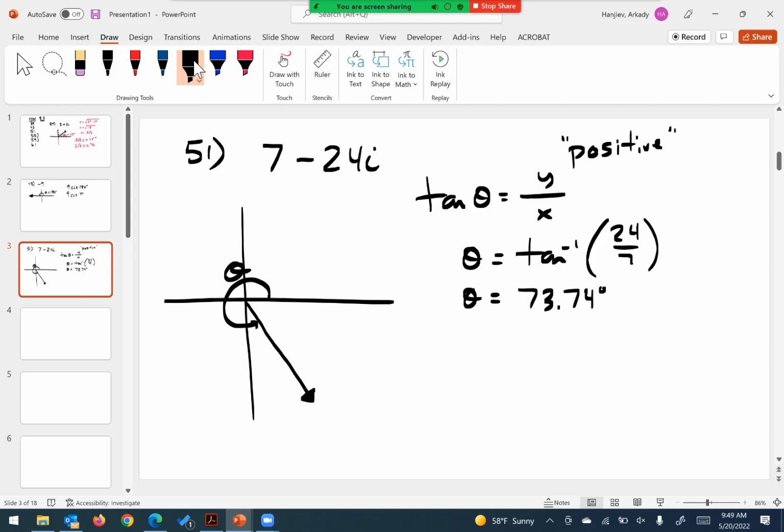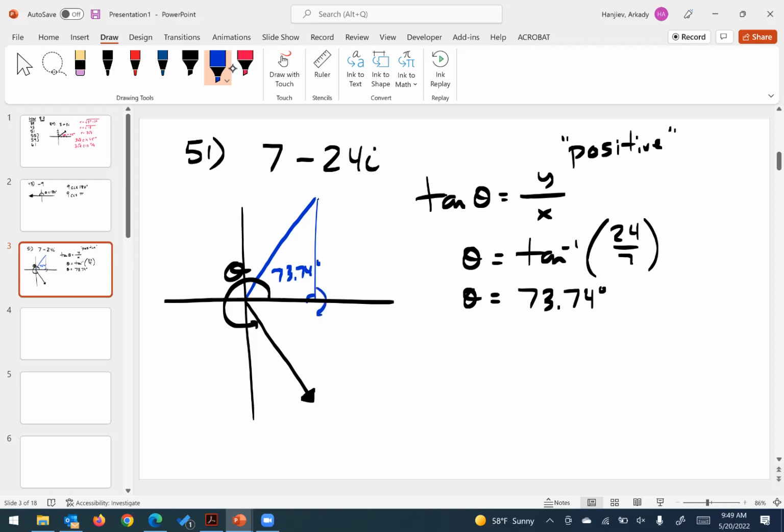Okay, so that's going to give me a reference angle of 73.74. Perfect. Let me draw it. That's 73.74 right there. So we flip it across here.